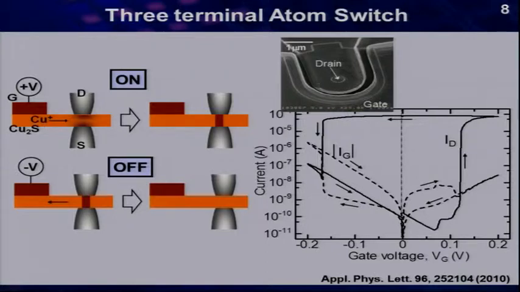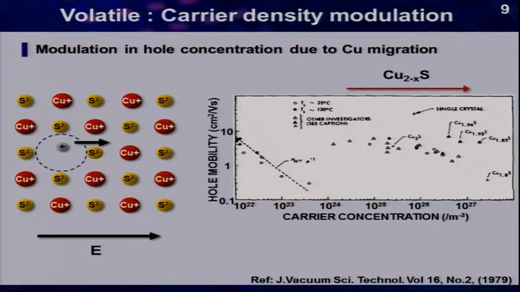There is another aspect in the drain current for the on-off state. You can see the drain current is modulated by the gate voltage here. This is caused by modulation in hole concentration in copper sulfide. Copper sulfide is a p-type semiconductor.